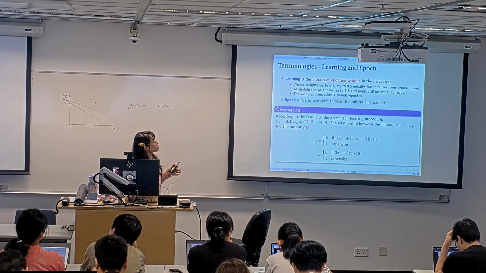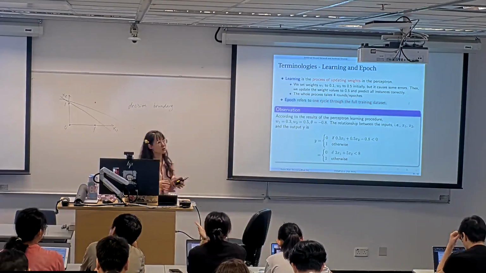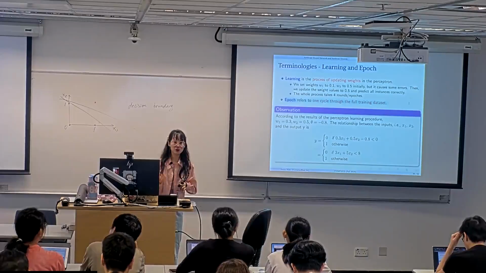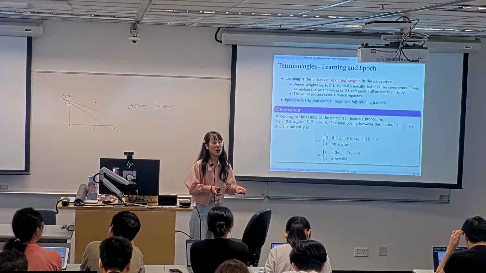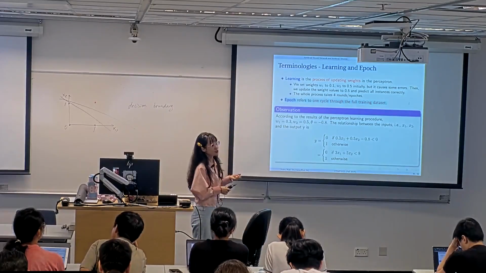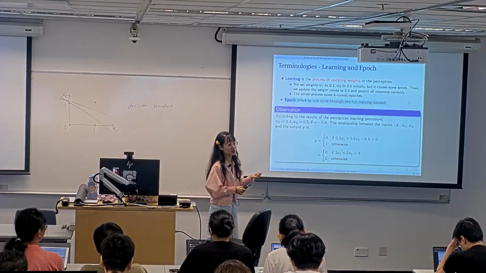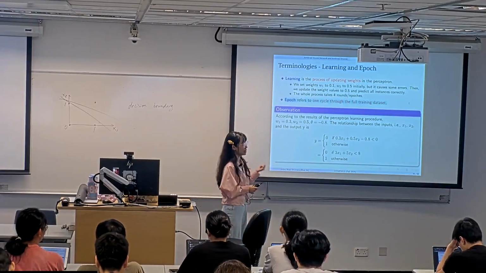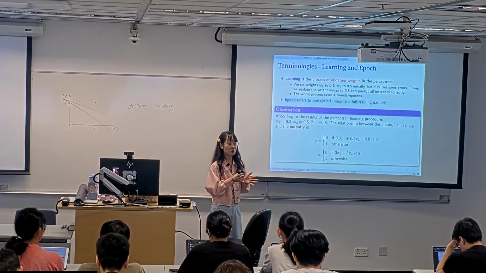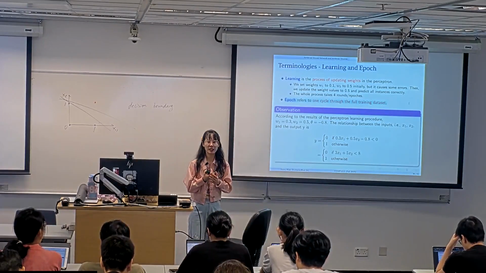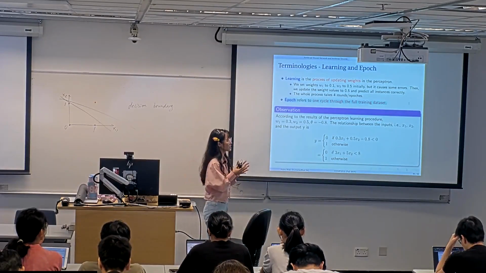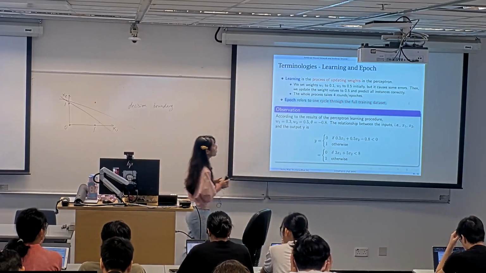Epoch refers to one cycle through the full training data set. Previously, we roughly used terms like runs, like iterations, but in artificial neural networks we have a terminology for it. It's just called epoch. Like previously, when we did the manual calculations, we had 3 epochs. So we can just use epoch to refer to one cycle.